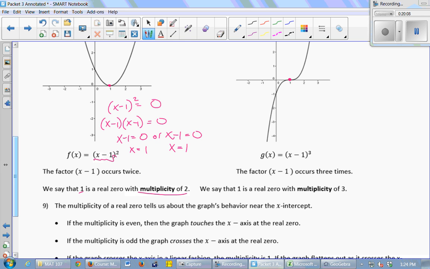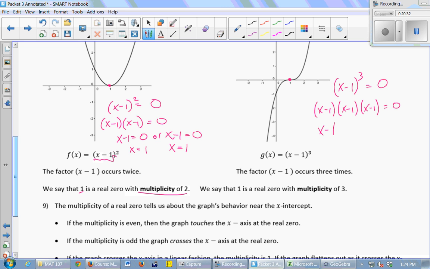All right, and then this one, g of x on the right, is (x minus 1) cubed. So it's the graph of x cubed shifted right 1 unit. If I was trying to find the zeros here, I would set the function equal to 0. That means (x minus 1) times (x minus 1) times (x minus 1) equals 0.